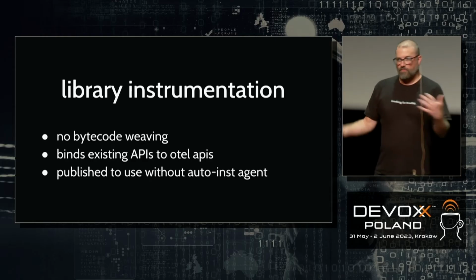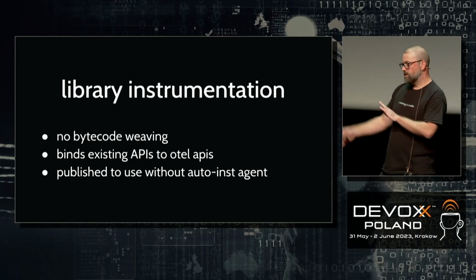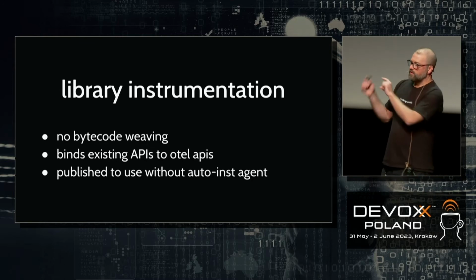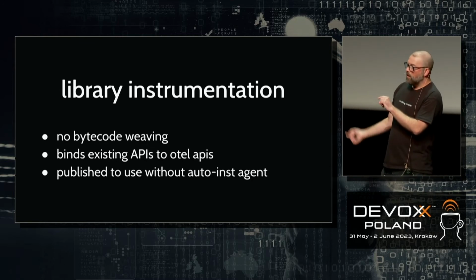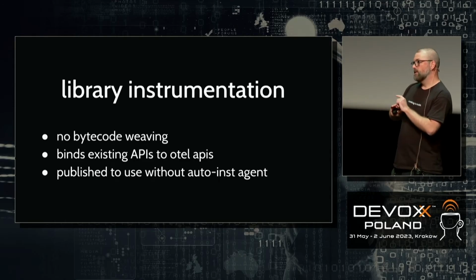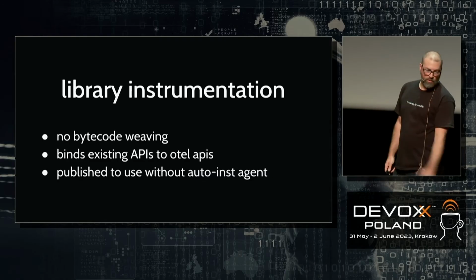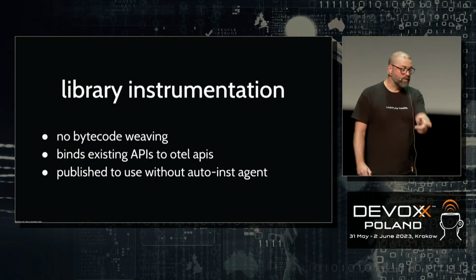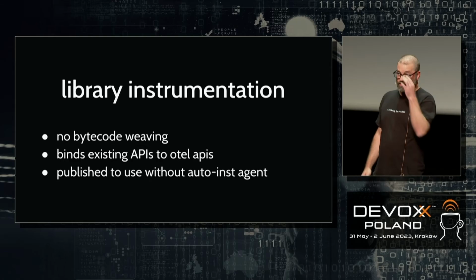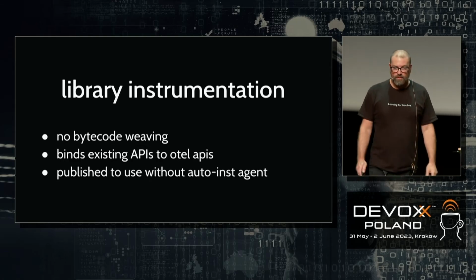For example, if you have a library that does a request-response type thing, whatever that might look like, HTTP, message queue, it doesn't matter. If you allow a callback to be registered, and that's called at the beginning of a request and at the end of a response, then we can wrap a span around that without having to bytecode weave. And you can use library instrumentation without the agent. We publish all of these to Maven Central, and you can download them and use them.